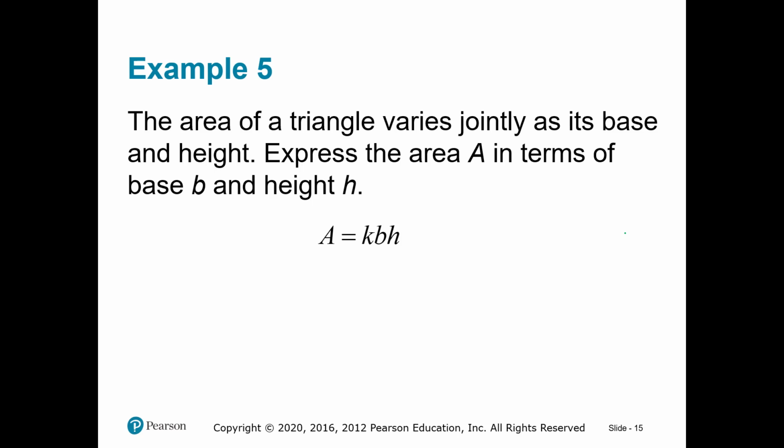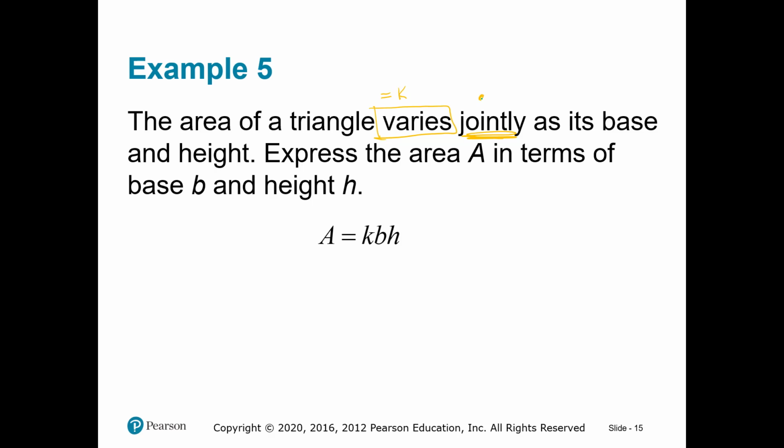So, let's look at this. The area of a triangle varies jointly as its base and height. Express the area A in terms of the base and the height. So let's go back. Area of a triangle varies jointly. We know varies means equal k.